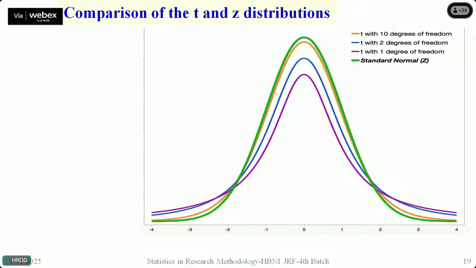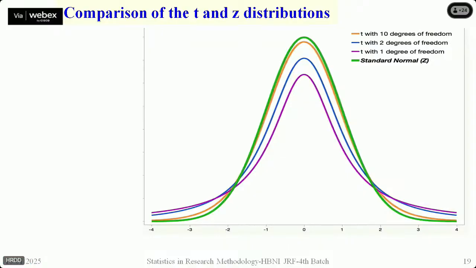Shapes are more or less similar, and the green curve has a lower tail area. If you compare the area covered by the tail portion, starting from say -3 to infinity and +3 to infinity, green has the smallest area.